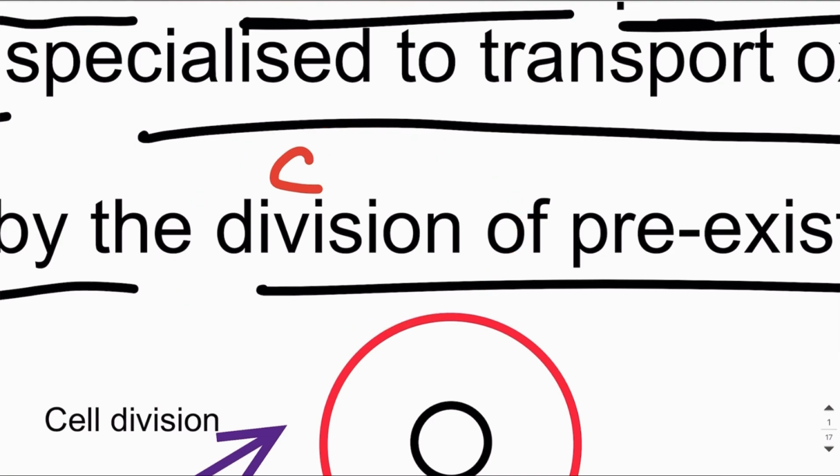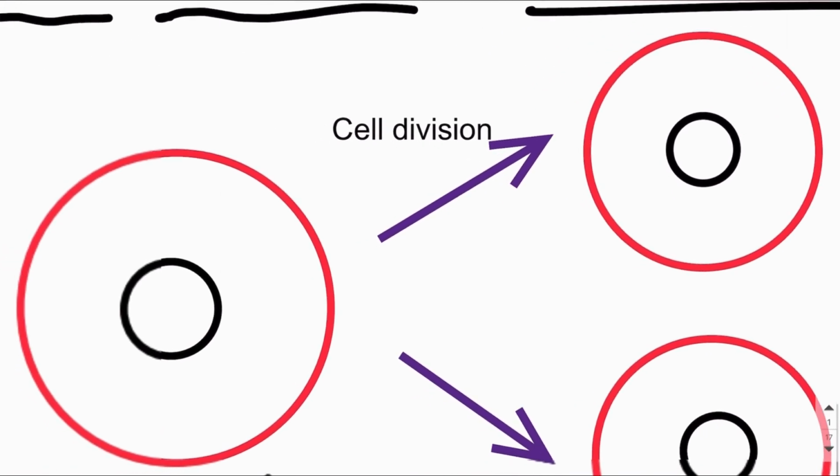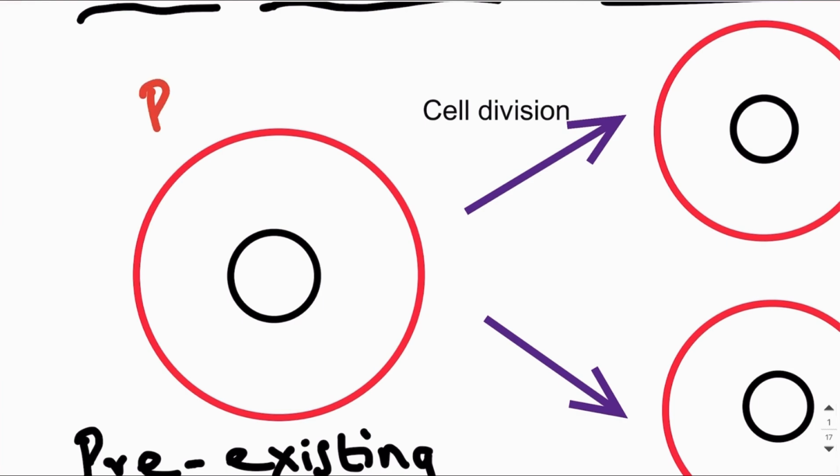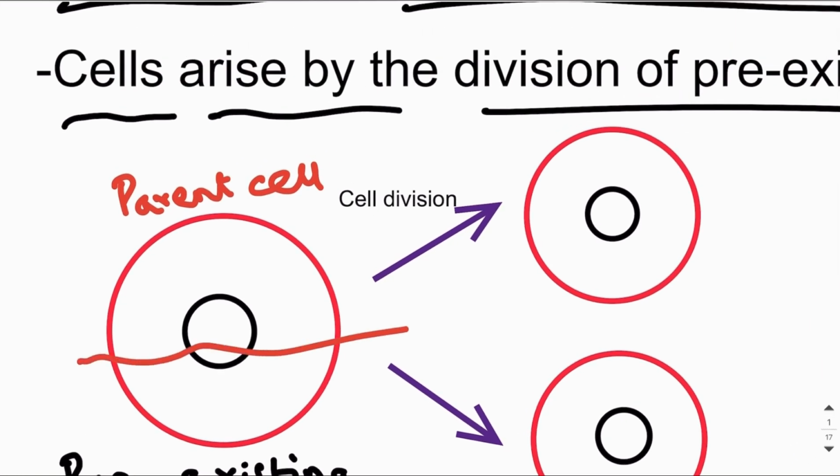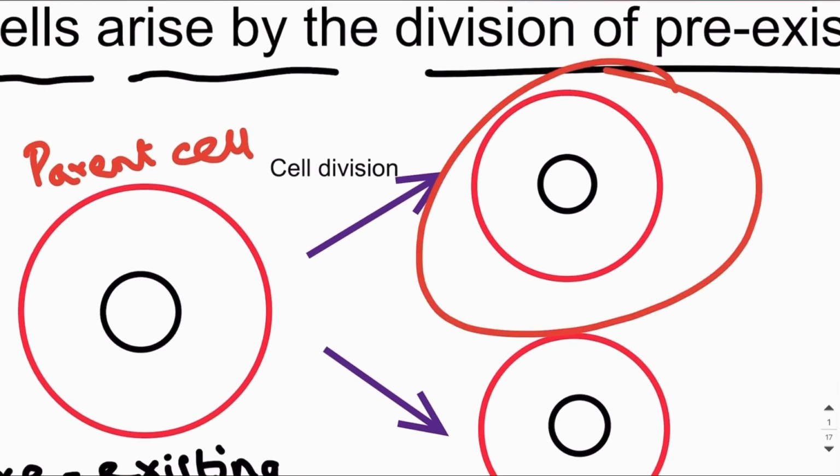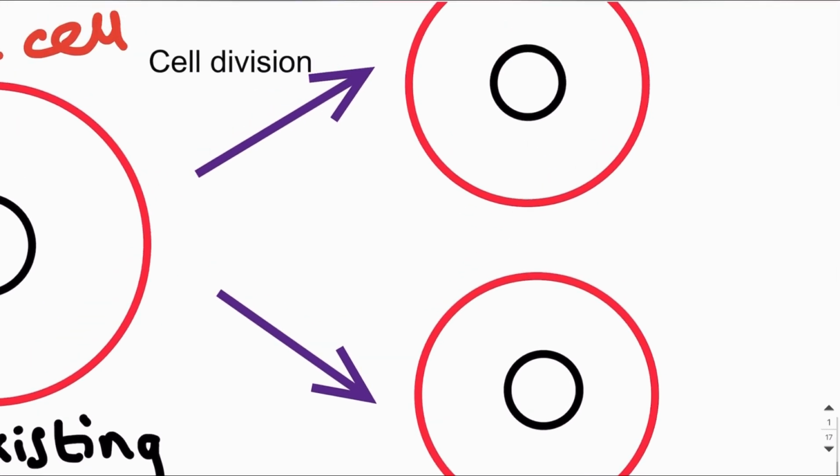And how do we define cell division? Cell division is when we have a parent cell, and this parent cell splits into two daughter cells. So from one cell we get two daughter cells. Now these daughter cells can further divide and split into four, and then four cells can split into eight, and so on.